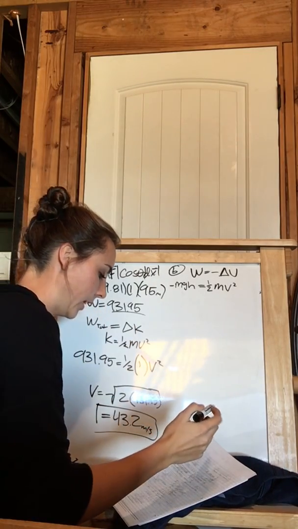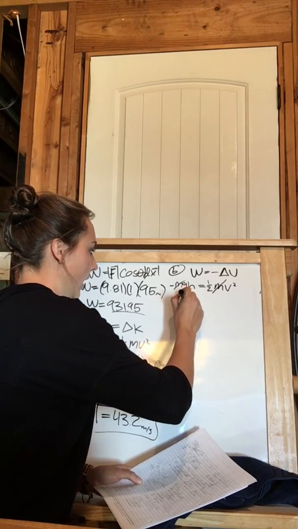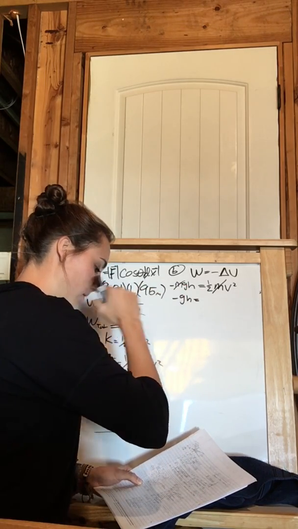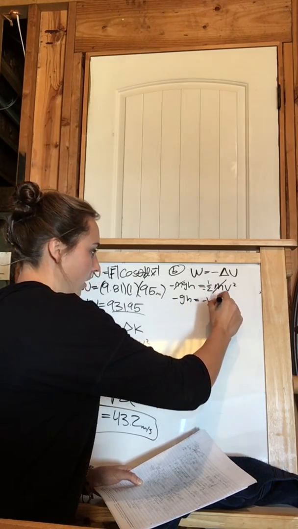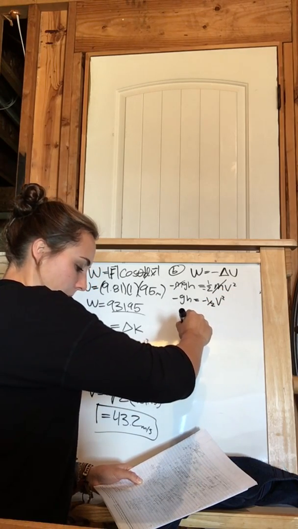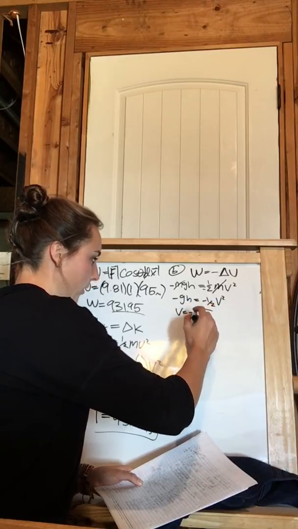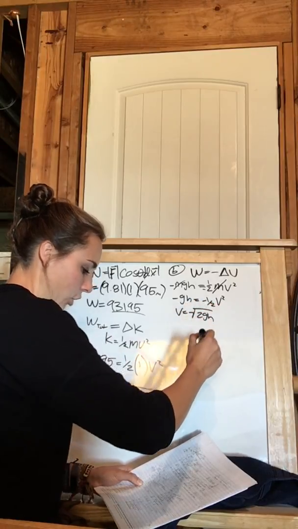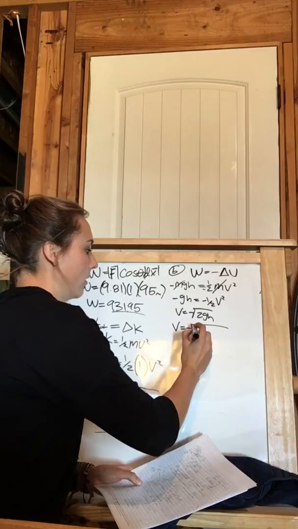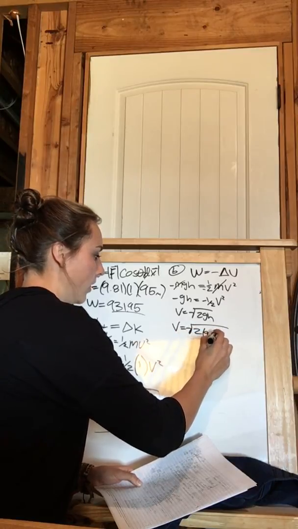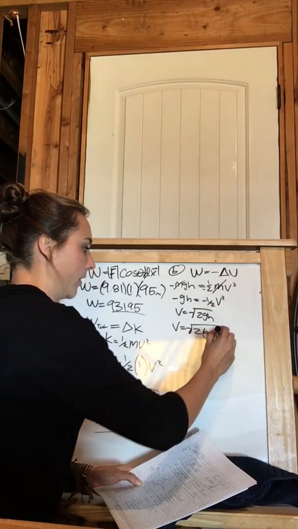So when we look at this, the mass will cancel out, and we're left with negative gh equals negative 1/2 v squared. So v equals the square root of 2gh. So when we plug those values in, v equals the square root of 2, gravity 9.81, because again we're not given the mass. And then the height, which it gave us right at the beginning, was the 525 meters.